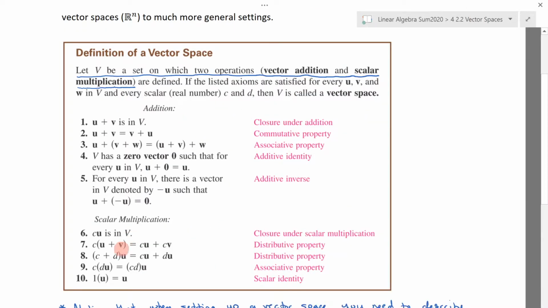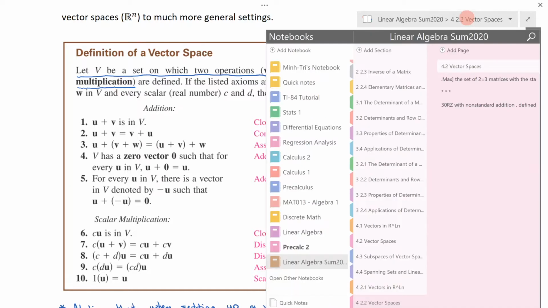In terms of the other properties, 6 through 10, they're described for scalar multiplication, but 7 and 8 do involve addition. So we can also take a look at that, and we can see that property 8 also fails.